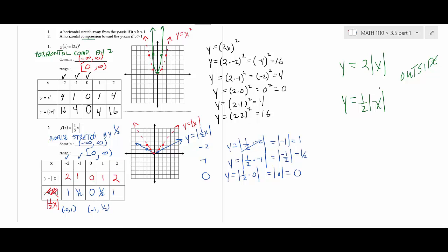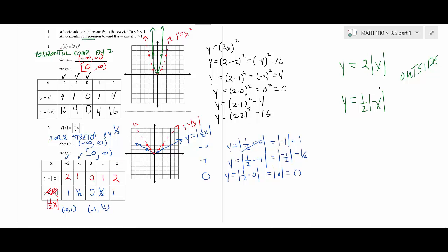If I put a 2 there, all you're doing is multiplying the y values by 2. That makes the y values get bigger, so it stretches this way. This one makes the y values get smaller, so if y values get smaller, doesn't it flatten? So you've got to think about if that number is outside, then it's a vertical stretch or shrink.